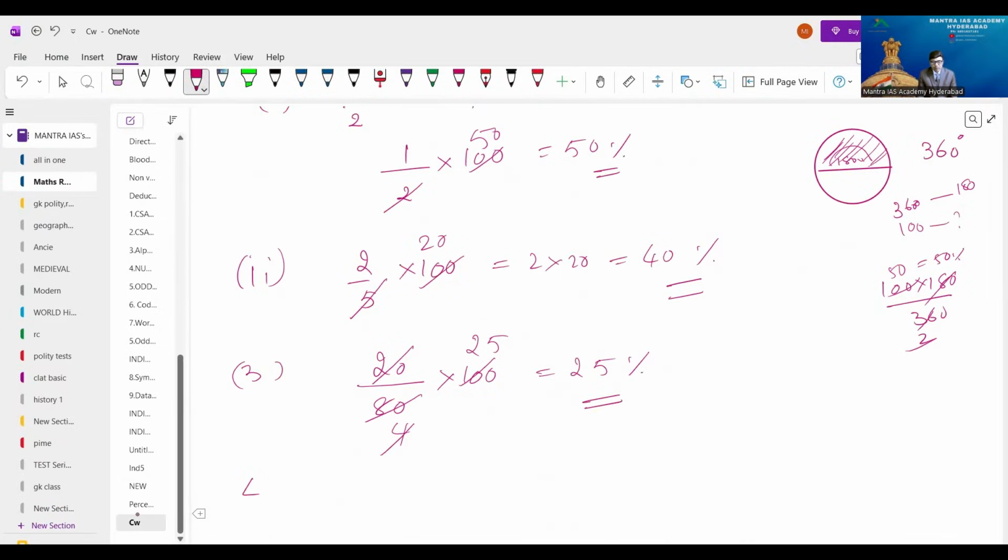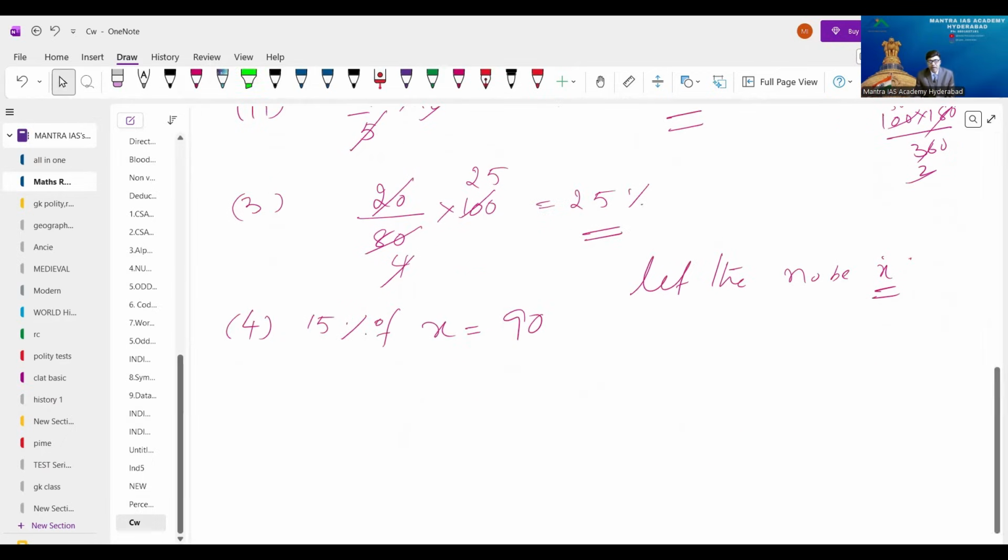Problem number 4 is asking: 15% of a number is 90. Let the number be X. So 15% of X is 90, and we have to find the value of X. So 15 by 100 into X is equal to 90.